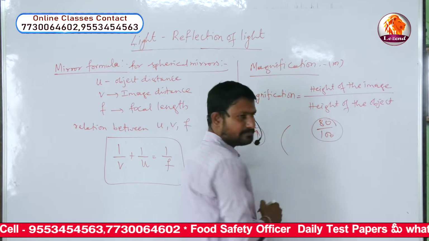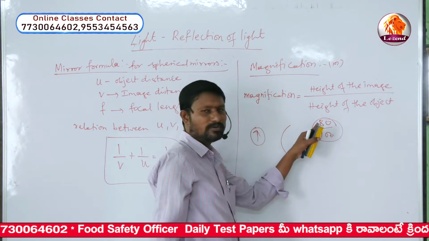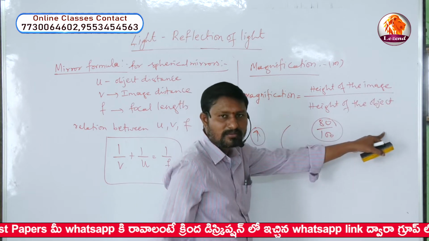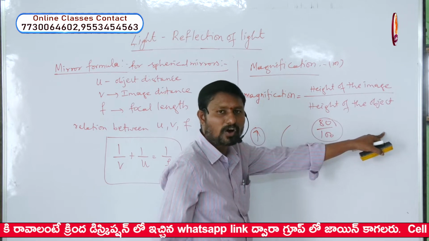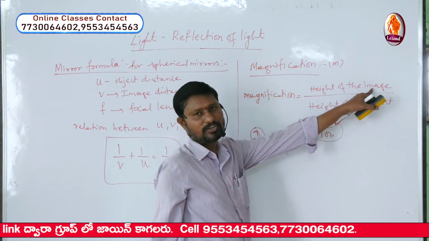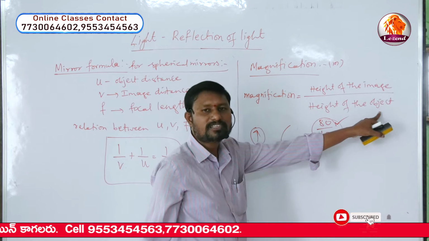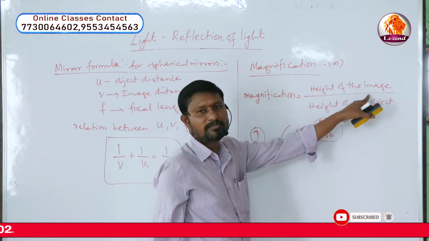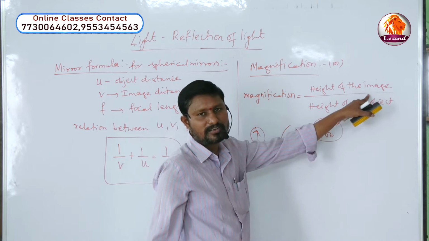Secured marks are just like the image size, and total marks are comparable with the object. So image size we write in the numerator, and object size in the denominator. If you remember this logic, you will easily remember this formula without any doubt.